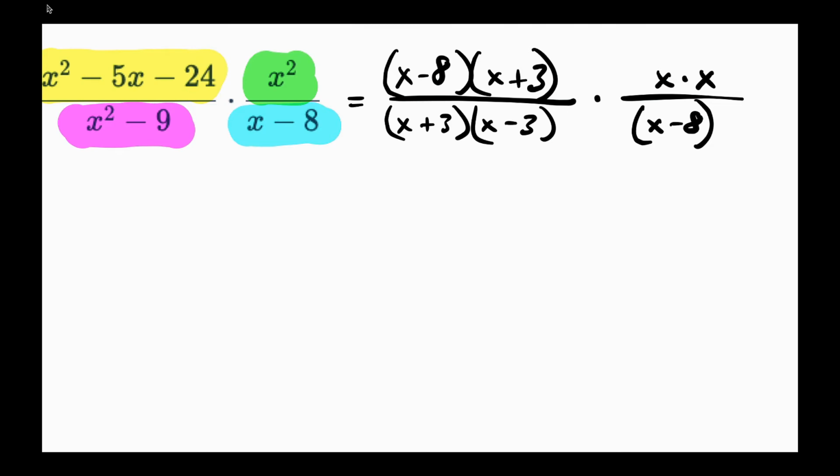Okay, so I factored everything. Number one, I factored everything. Step 2 says, for multiplying, multiply straight across. And that's why I have quotations where it says multiply, because I'm not actually going to multiply. What I mean by multiply is move everything under the same fraction.